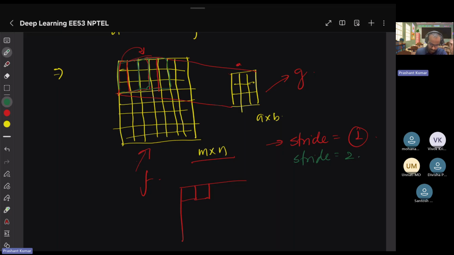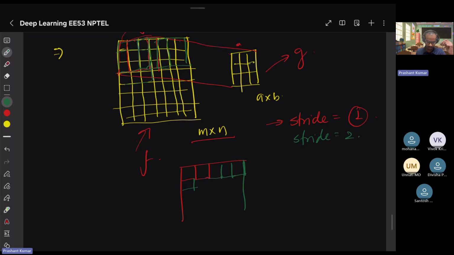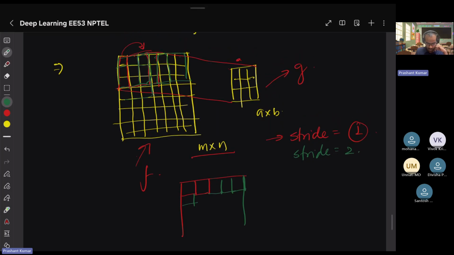Similarly, if you keep moving like this, you will reach the end, and then you move one row downward and keep doing this multiplication.